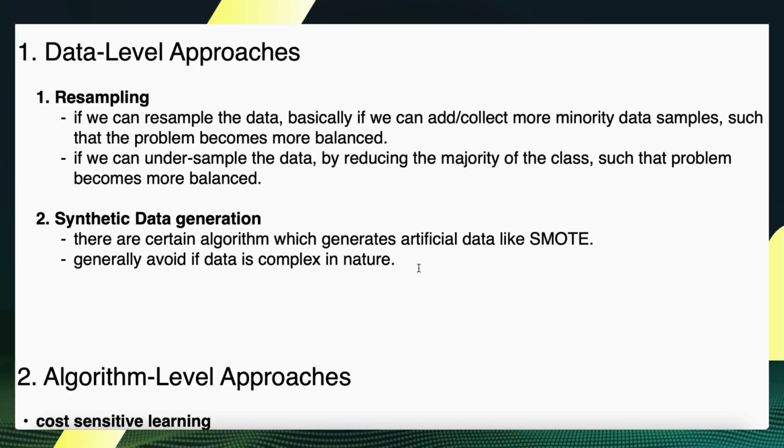Second approach in the data level is synthetic data generation. There are algorithms which help you generate artificial data, like SMOTE. Based on some complex logic, they create artificial minority data. Now I would suggest avoiding such algorithms if your dataset is highly complex.